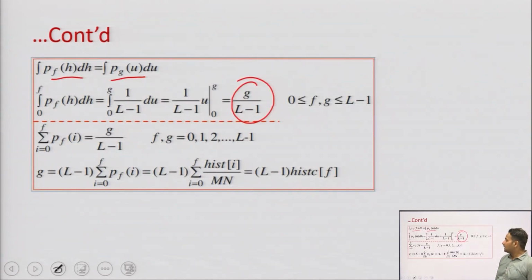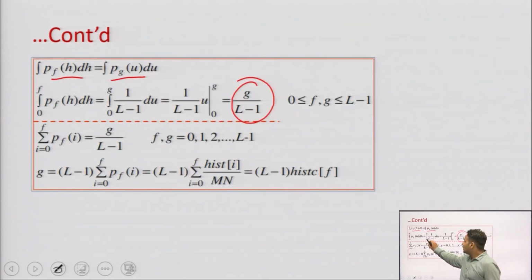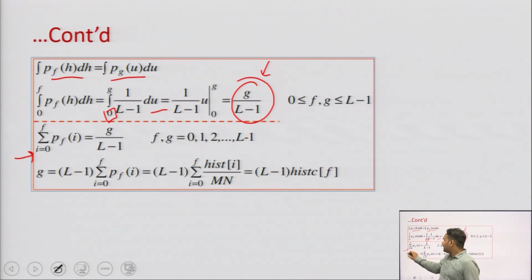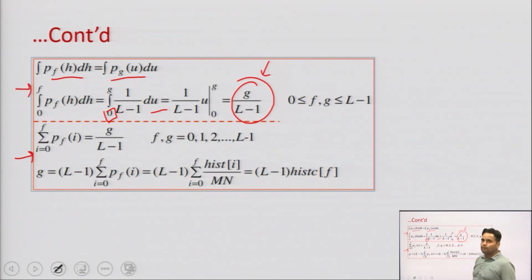Because when solving this, you have to take the integration with respect to u, and if you apply the limit, it will become g upon L minus 1. For the continuous case you observe it in this manner, and if we have the discrete case, the same function looks similar, and you reach this particular result.